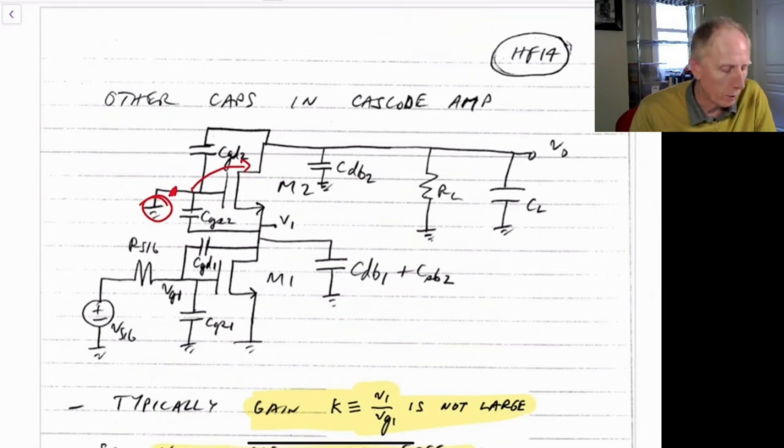It's a small signal ground, so we don't have to worry about the gain across C_GD2. Also, M1 is already making it so the gain from the gate of M2 to the output is not that high. If you work out the actual gain, it's effectively resistor degenerated, and so there's a fairly small gain from the gate of M2 to the output.